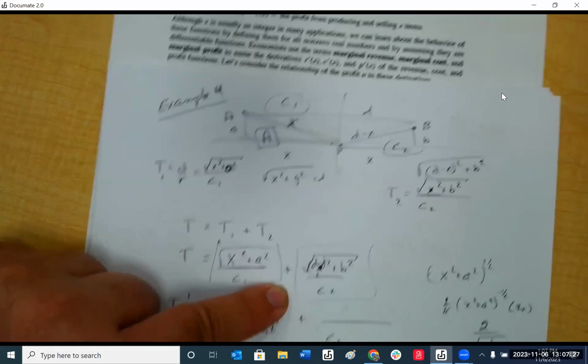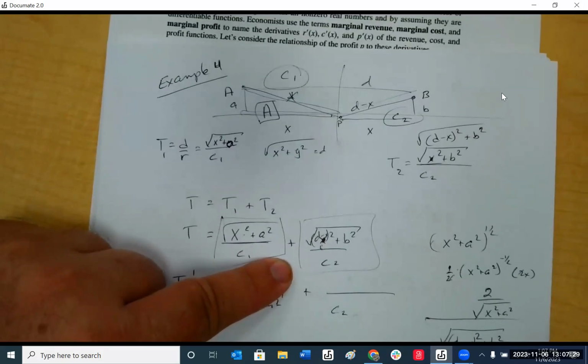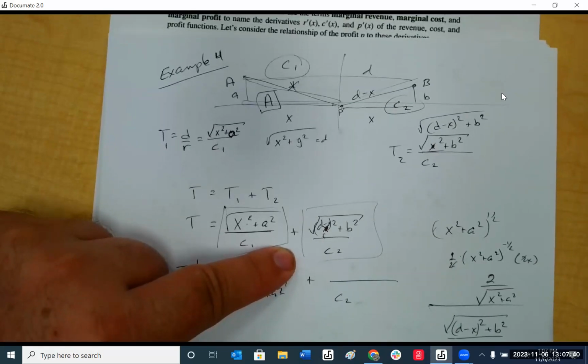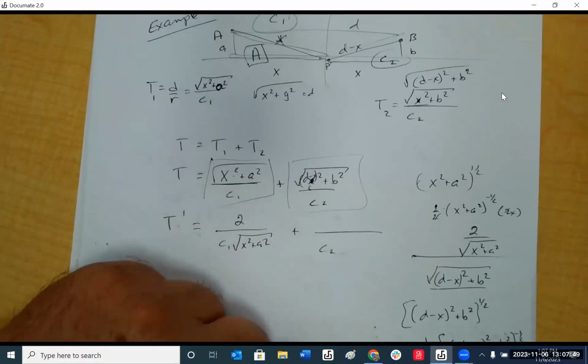That makes it 1/2 times the derivative of the inside, which is this one, times -1.